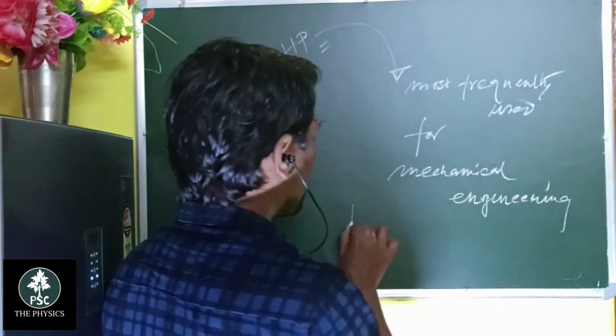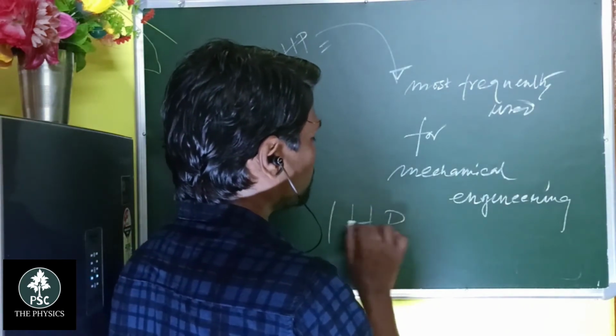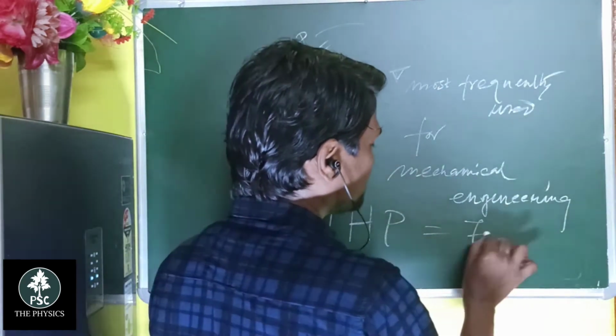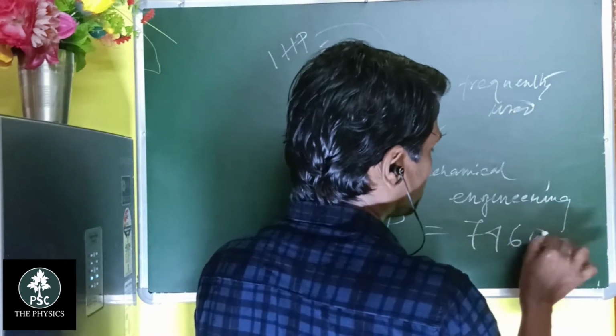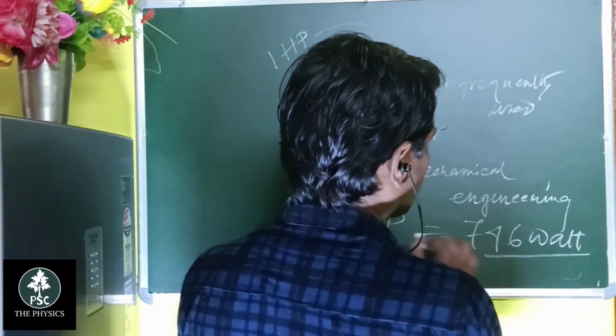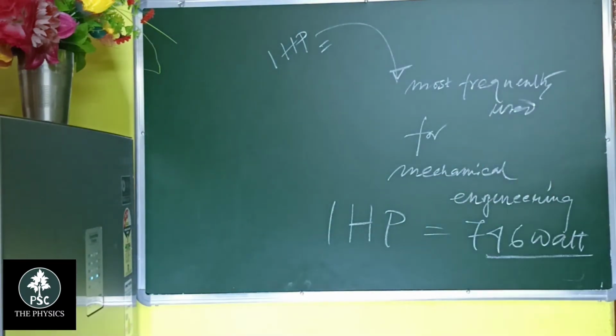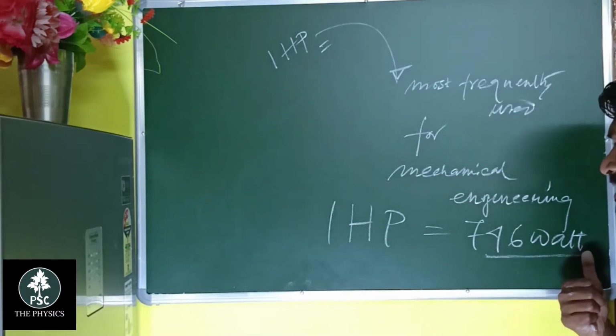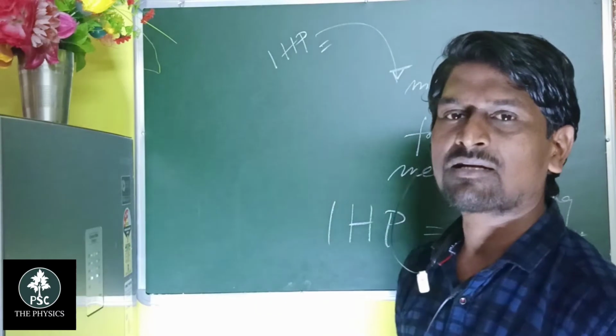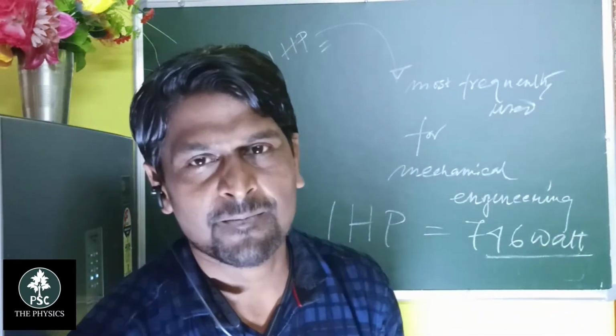So 1 horsepower is equal to 746 watt. It is nothing but a unit of power. When the power is much greater, like 746 watt, then we can easily say that this is horsepower.